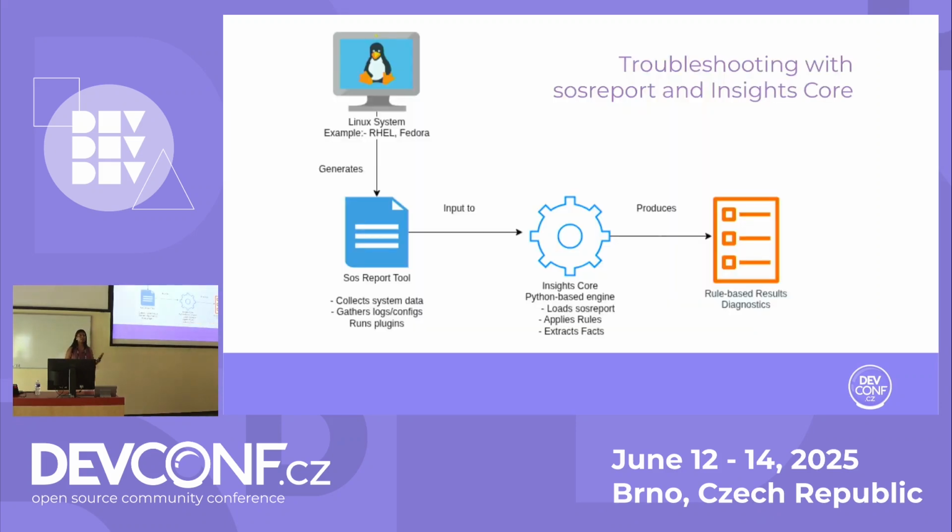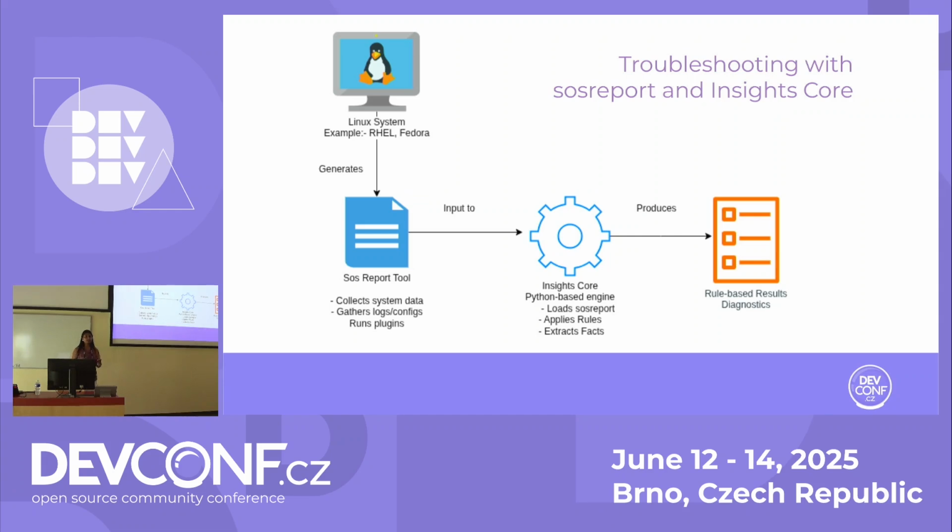Now, how does actual troubleshooting take place? So we have a Linux system, consider RHEL or Fedora or any system. If any issue is detected in the system, the first step is to generate the archive for that. So source reports will be generated, and this will act as an input to the Insights Core rules.